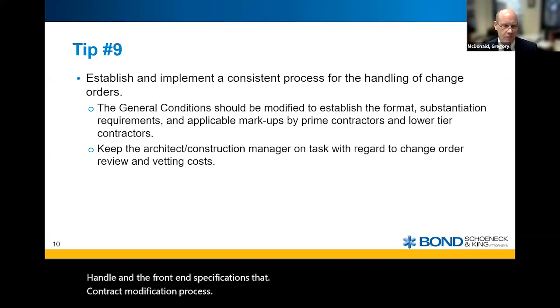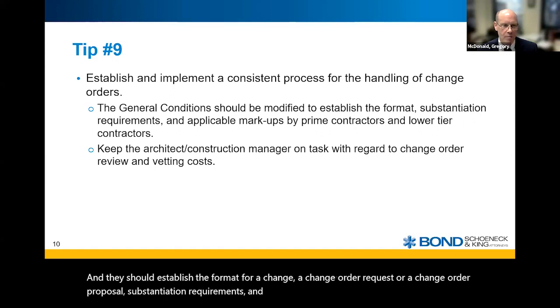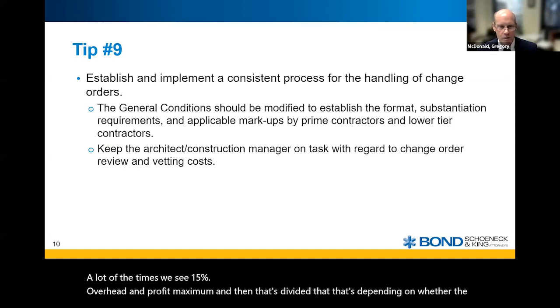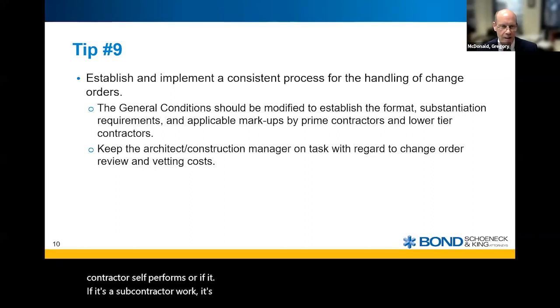And they should establish the format for a change order request or a change order proposal, substantiation requirements, and then applicable markups by prime contractors and their lower tier contractors. A lot of the times we see 15% overhead and profit maximum, and then that's divided, depending on whether the contractor self-performs or if it's subcontractor work, between the contractor and the subcontractor.